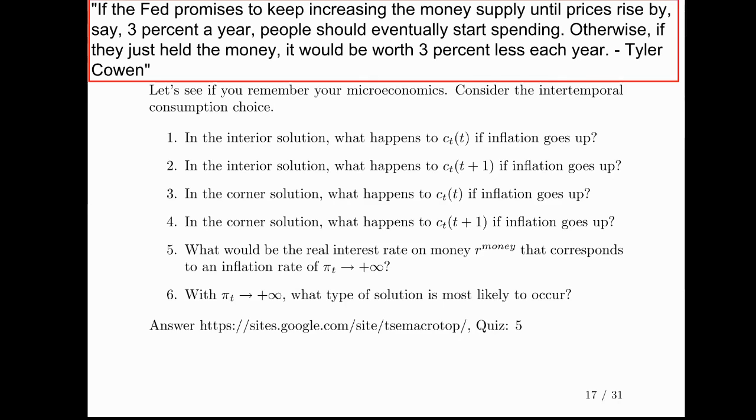If the inflation goes up, people might prefer to consume at time t than at time t plus one. No, people will prefer to consume at time t plus one than at time t because they would consume more with the same amount of money.